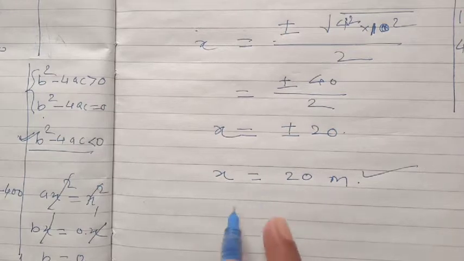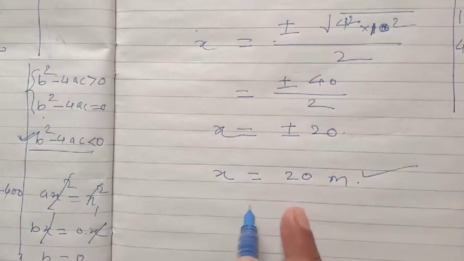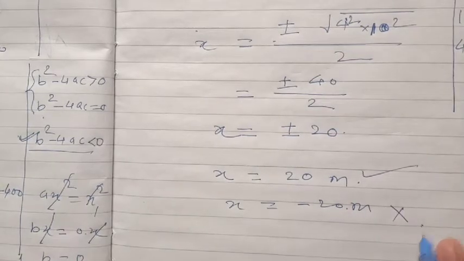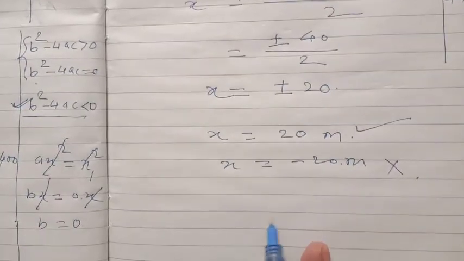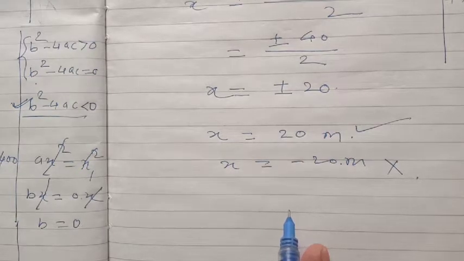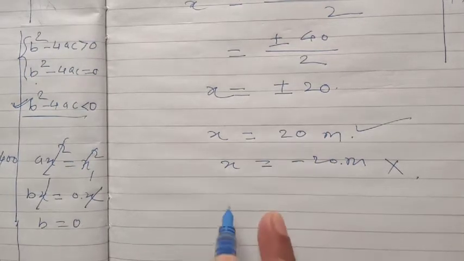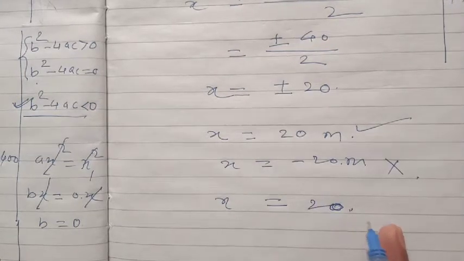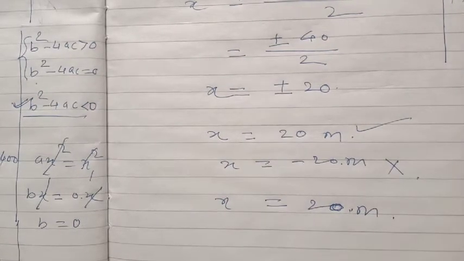So we should take x is equal to 20 and second is x is equal to minus 20 meter. But minus value will not be admissible here. Always positive value should be taken for the distance, and length and breadth are the distance. So x is equal to 20 meter.